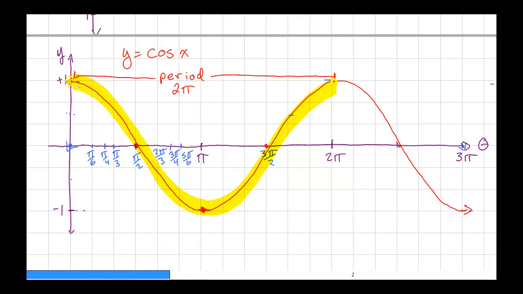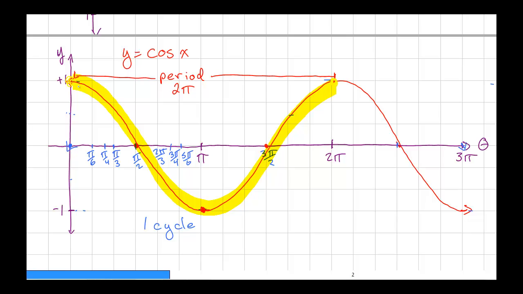So let me erase this point up here and say that this is a cycle. This is one cycle. Okay, the graph starts here, comes down, goes back up. Okay, it has a period of 2 pi. This is a sinusoidal curve.